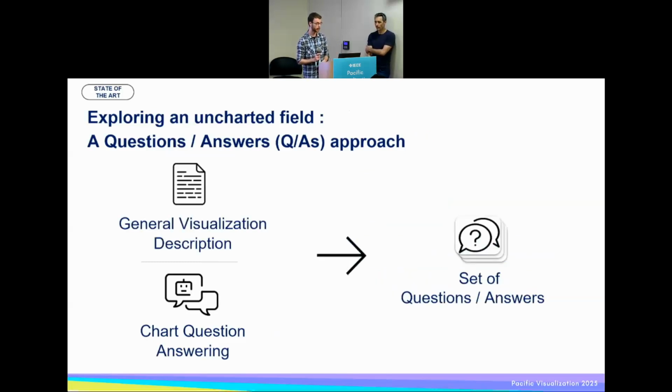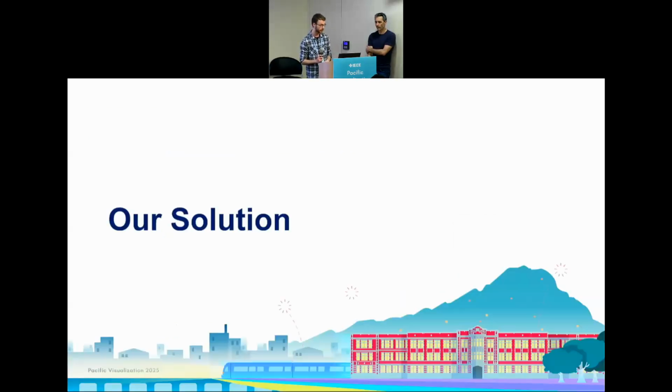So in this paper, we develop a third way that uses both advantages of generative visualization description and short question answering, with a generation of a set of question-answer pairs, also known as QA, for all the data set, all the journalistic content. We developed a new methodology named GenQA to increase accessibility.